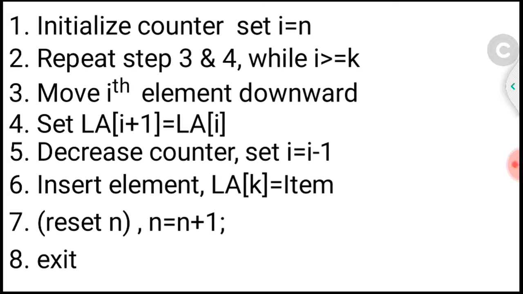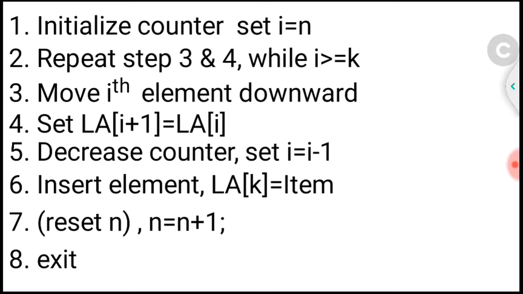And when you check in the second step, I must be greater than or equal to k, that loop will stop, and then at the second position, in step 6, you can see the item will be inserted at LA[K]. K is nothing but the second position, and in the seventh step you have to increase the size of n, that is the size of the array. N is equal to n plus 1.